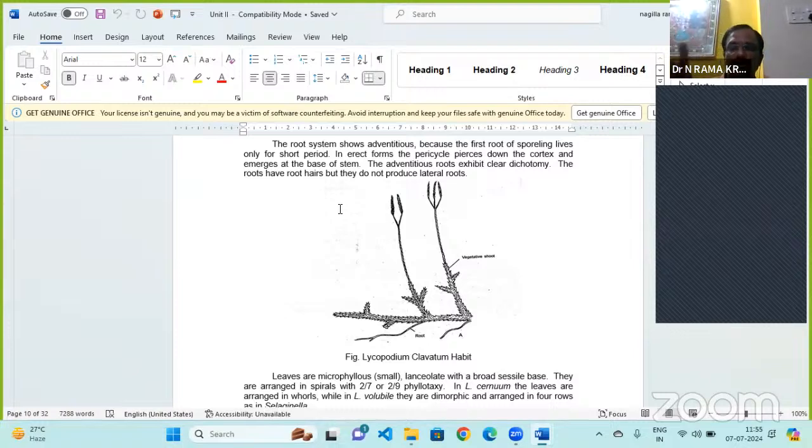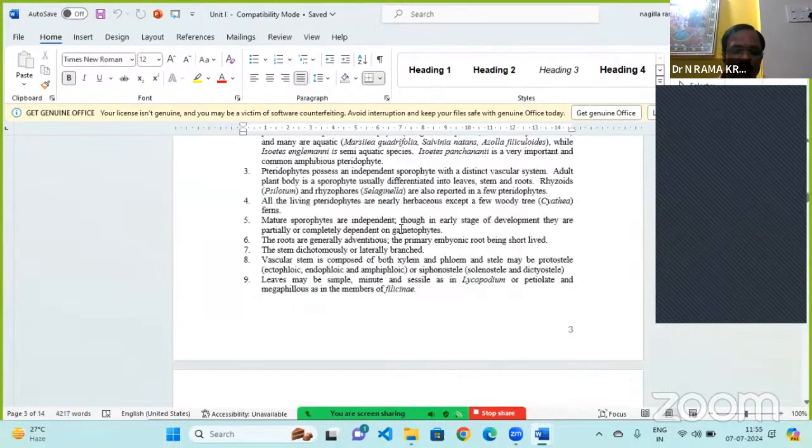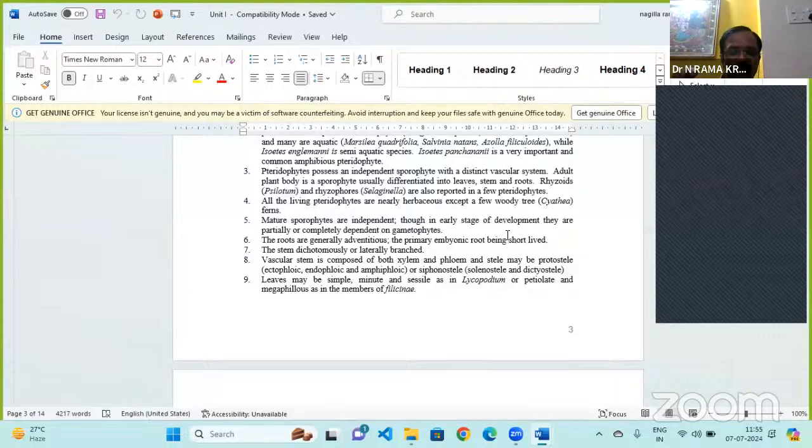Sporophyte generation. So next point: the embryonic root has a very short duration. It dies soon and is replaced by permanent adventitious roots arising from the base of the stem or from the nodes of aerial stems. The plant body is differentiated into three categories.